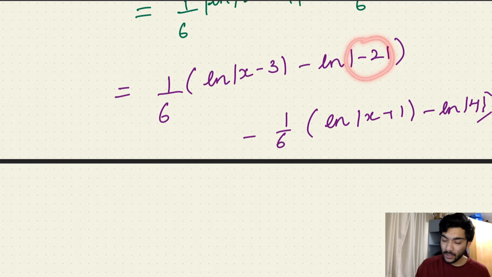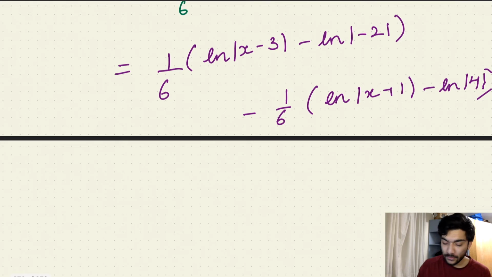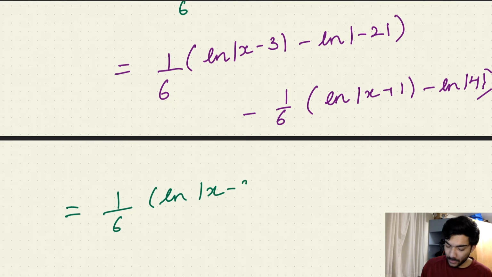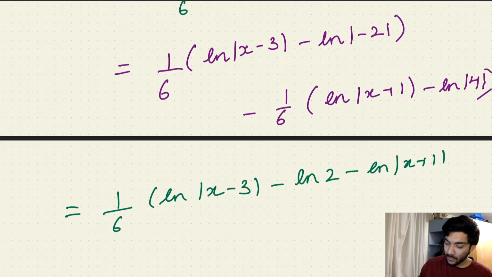Since this is the absolute value of minus 2, our expression would be simply 1 by 6 times (ln |x minus 3| minus ln 2 minus ln |x plus 1| plus ln 4).